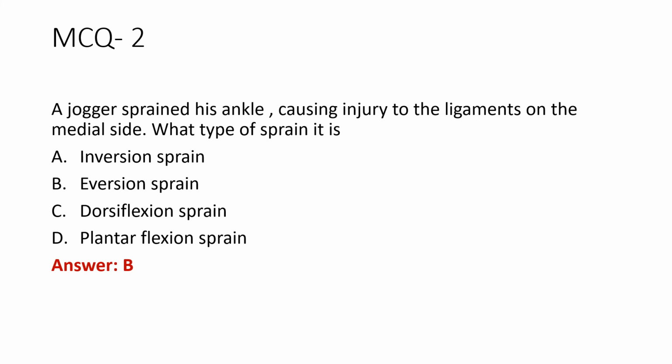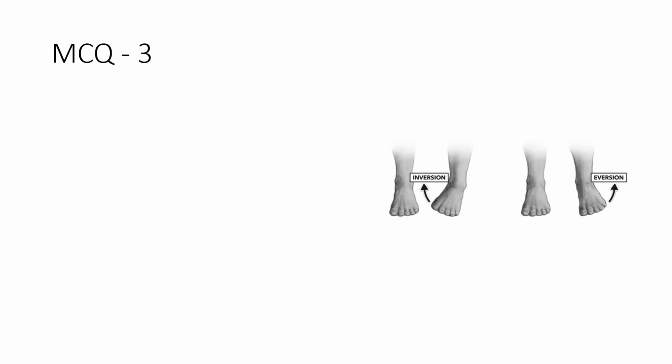What was the answer? It's an eversion sprain. The ligaments on the medial side of the ankle can be sprained whenever there is eversion of the foot. They will be sprained when the foot is everted. So the right answer is the eversion sprain. Easy for you to understand and answer this question.